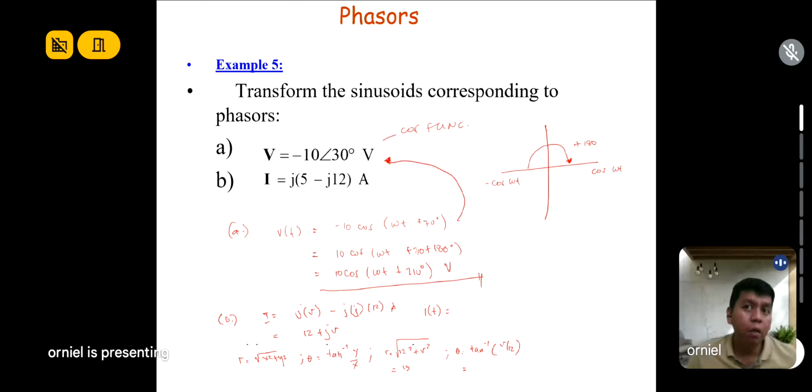By the way, check whether your calculator is in radian or degree mode. The theta is not 0 point something, that's an angle, so it is bigger. 22.6, sir.